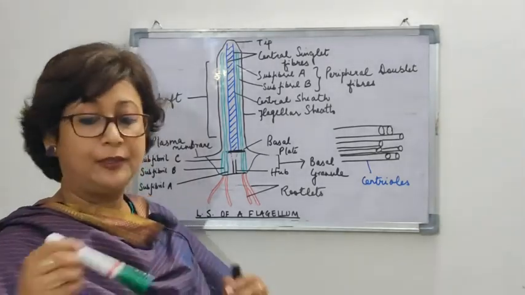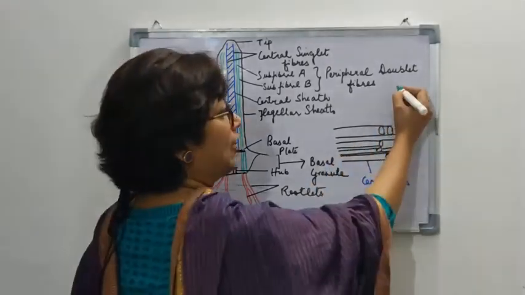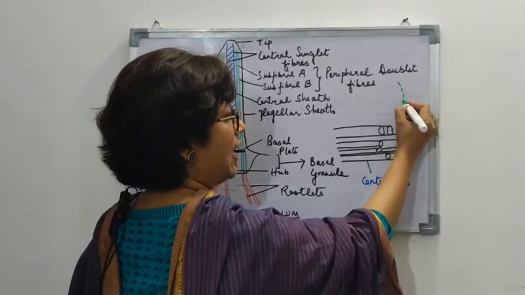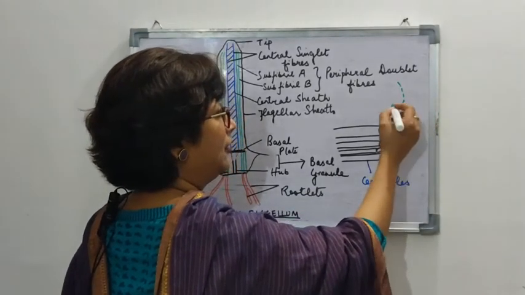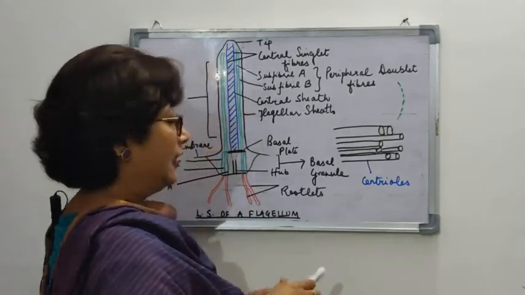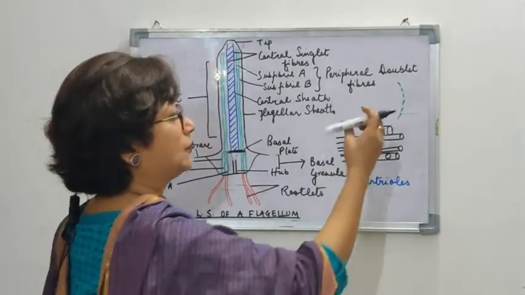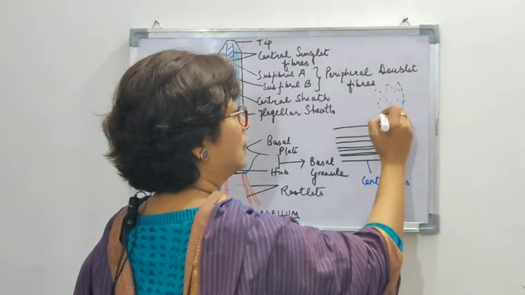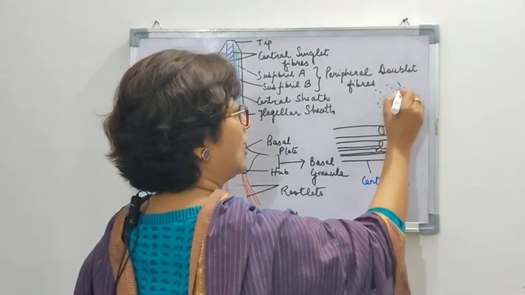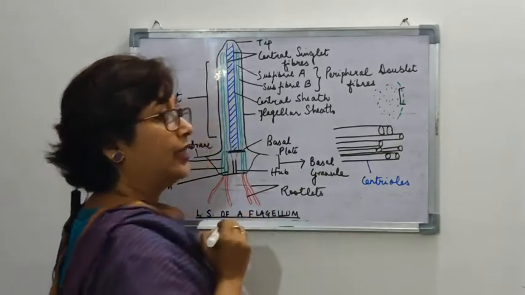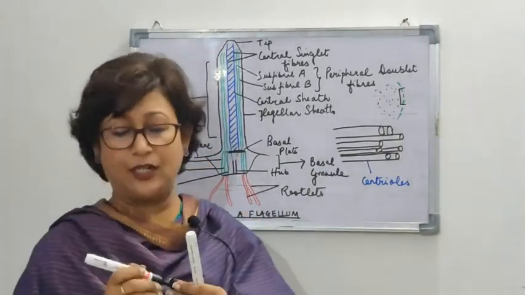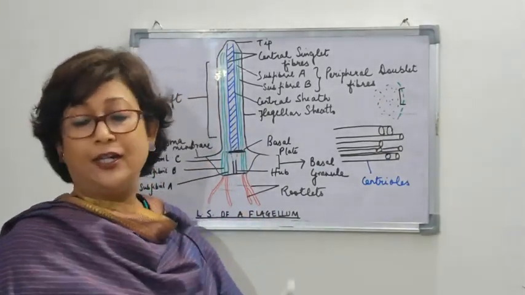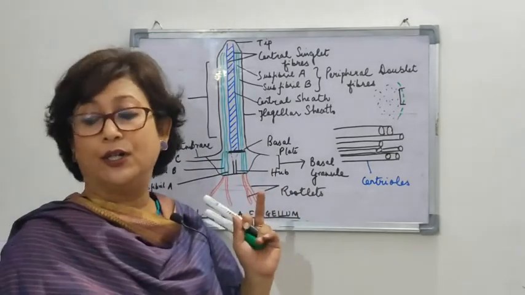Now for example, if I draw this as the plasma membrane, and the inner part, inner to the plasma membrane, this is the cytoplasmic layer, right? So somewhere here you will find the basal plate, the basal body, or the basal granule, right?